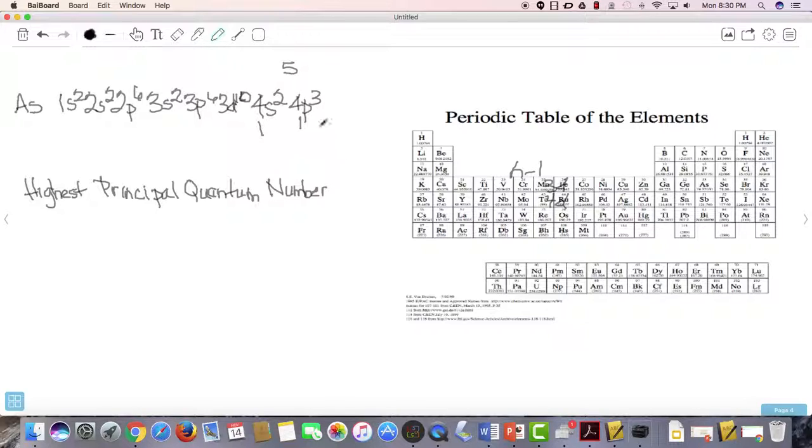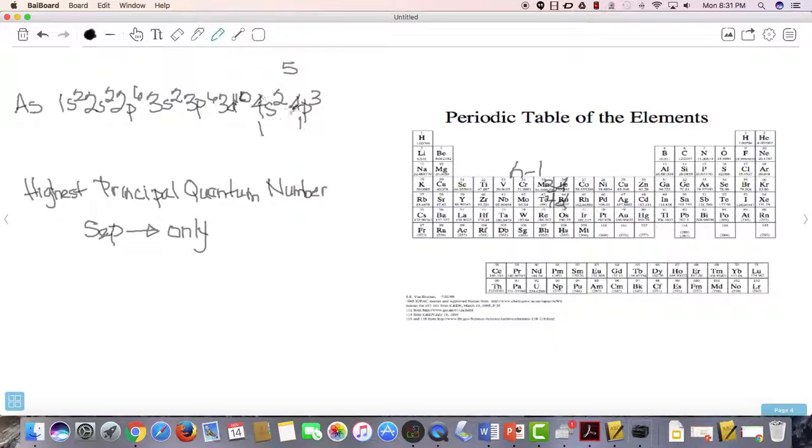And then once you identify the highest principal quantum number, it will be your S and P sublevels only. No other sublevels are included when we're identifying valence electrons for electron configurations. It's always going to be the highest principal quantum number, S and P sublevel only.